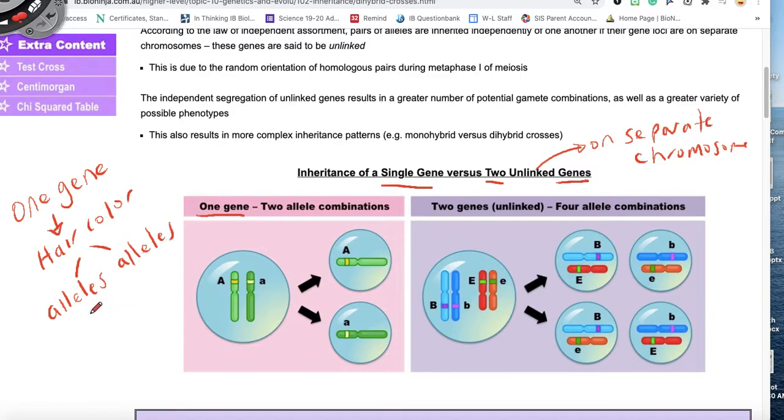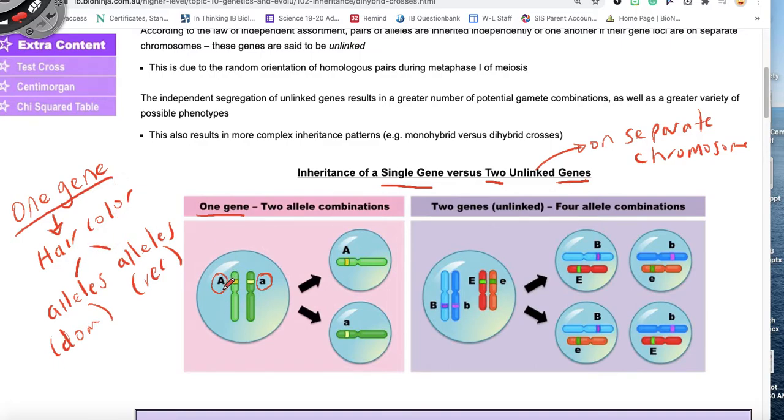And of these 2 possible alleles, one can be dominant and the other recessive, or they can both be dominant, or they can both be recessive. And these allele combinations are found on different chromosomes. So that's what we mean by them being unlinked. They're on separate chromosomes. Now, they both code for one gene, though, right, which is hair color.